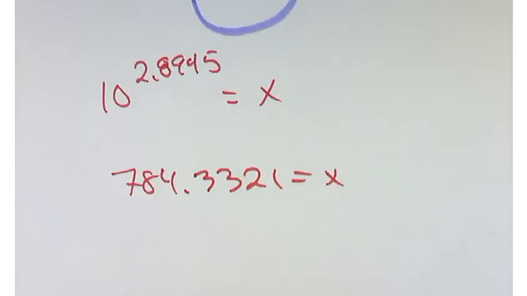So 784.3321 was what I'll be looking for. Make sure that if I ask you to round it to a specific digit, that you take care in doing that, because usually I allow 1 point of credit for rounding properly.